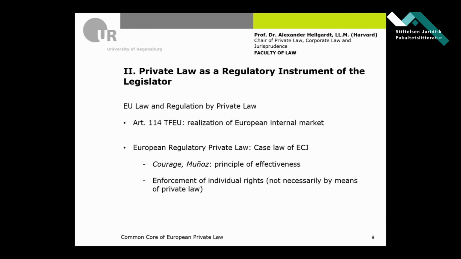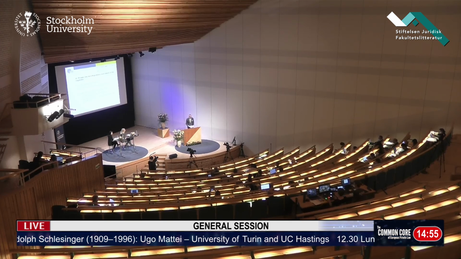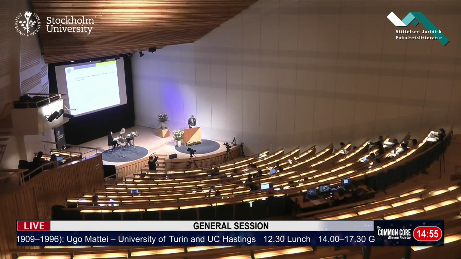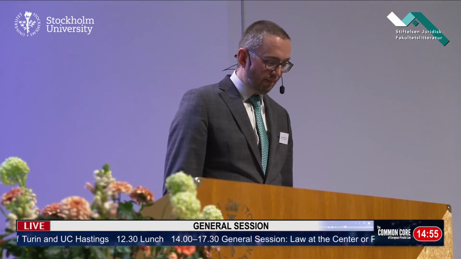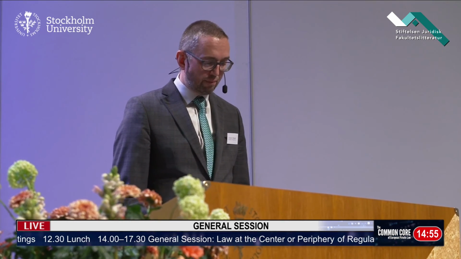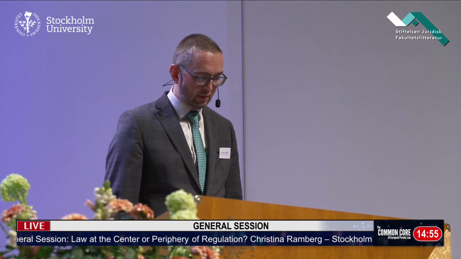As the ECJ explained, the vigilance of individuals concerned to protect their rights amounts to an effective supervision in addition to the supervision entrusted to the diligence of the Commission and the Member States. The crucial point here is, however, that the mere existence of an individual right does not say anything about the way in which it can be enforced in national law.